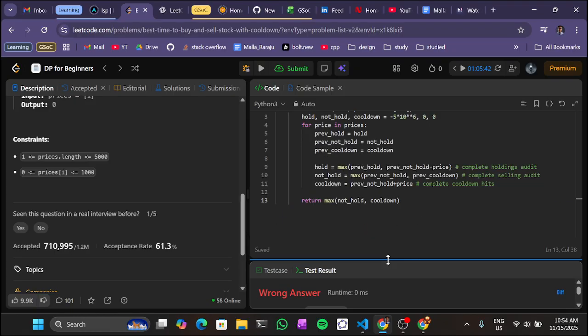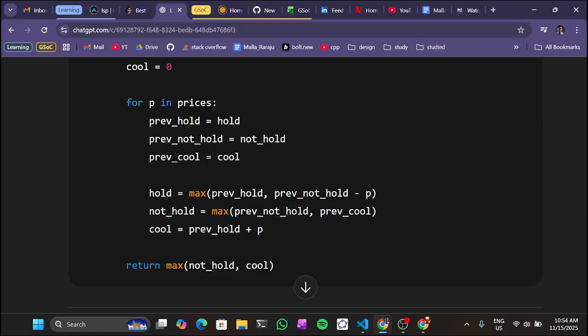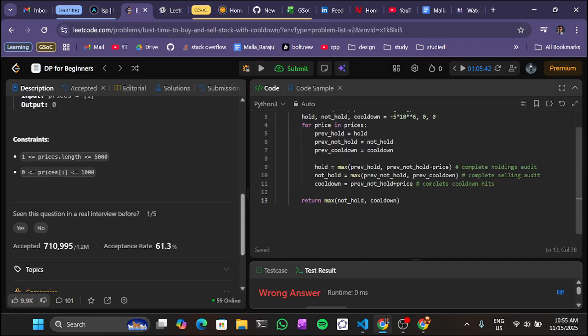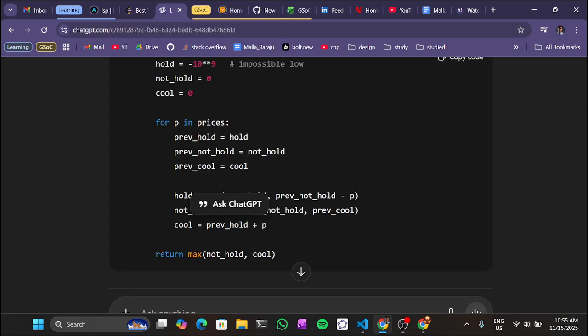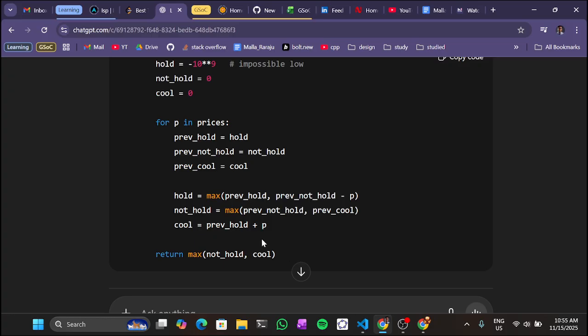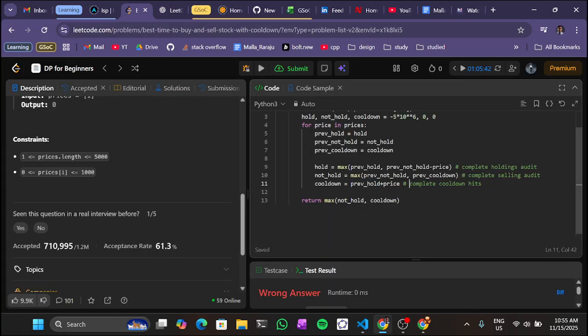Something went wrong. So let's see. We are previously holding. Okay, so if we are previously holding, everything went fine, but this one confused us.